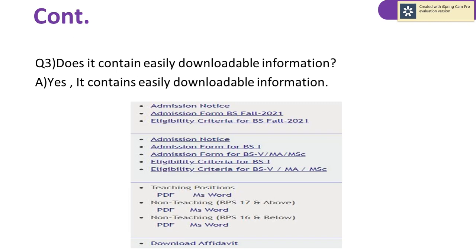For example, if a new user wants to download the admission form, he will simply click on the admission form and it will be downloaded easily and accurately. In this way the user can easily download all the information that he wants.